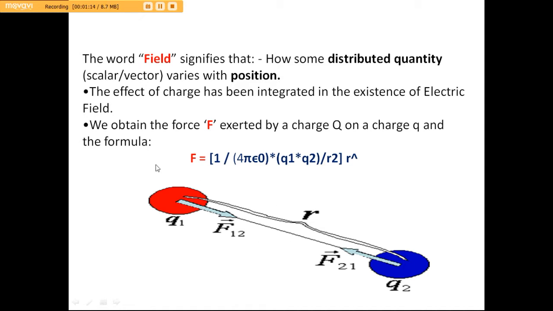Suppose Q1 exerts a force F12 in the direction towards Q2, and Q2 is another charge that exerts a force on Q1, which is F21. So the field here signifies a distributed quantity. This quantity may be scalar or vector, and varies with the position.